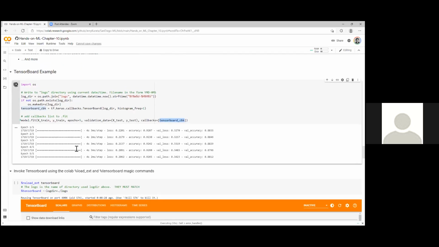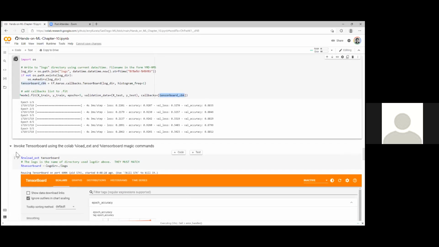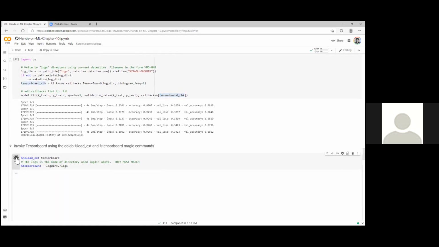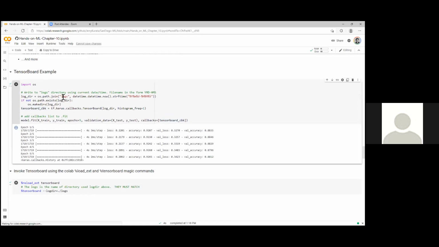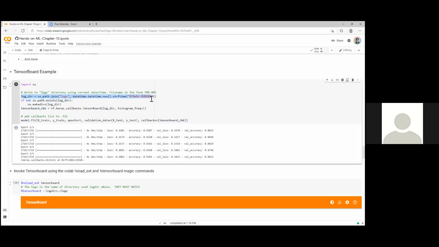Okay. So we just did this for 5 cycles because the model was partially trained. Let's go ahead and take a look at what TensorBoard gives us. Especially when you're in Keras, well, no matter what environment you're running in, notice I did this thing where I create this log directory and I put the time and date and all that good stuff so that we can keep track of it.